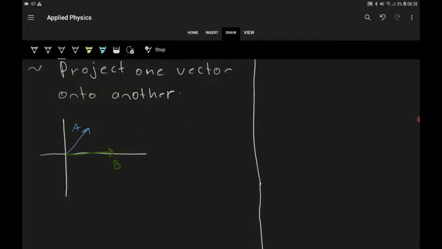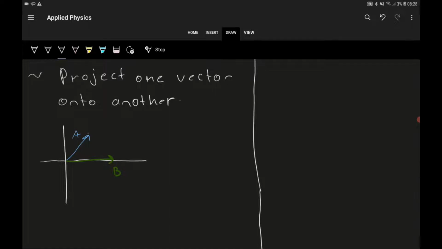When we say project one vector onto another, what we're trying to say is how similar is A with B. How similar are both of these? A dot B is the notation for a dot product. Also to note, it's the same as B dot A. So you can think about how similar A is, or if I project A onto B, what would the result be?